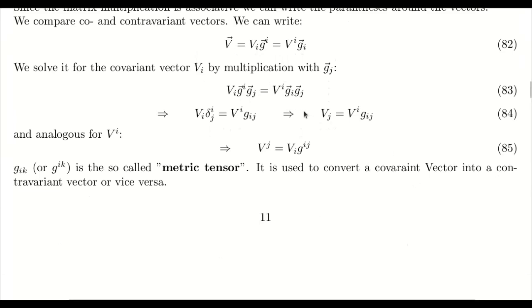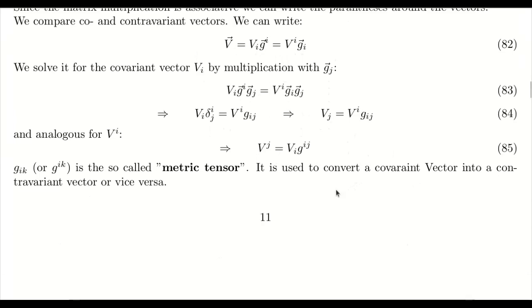And on the right side, we have this product of the contravariant vector components with a covariant G matrix. Or for the contravariant vector, we have this. And now the G matrix is called the metric tensor.